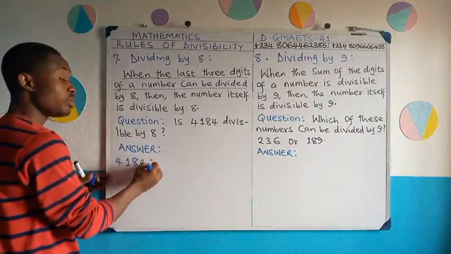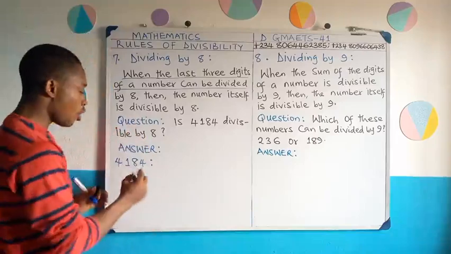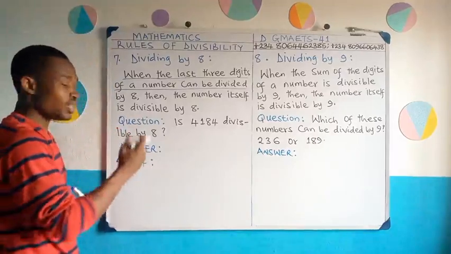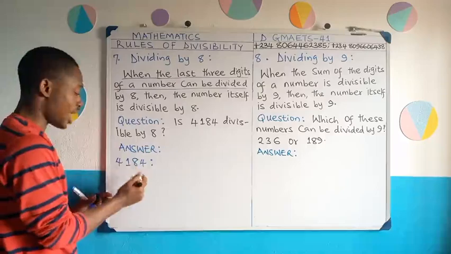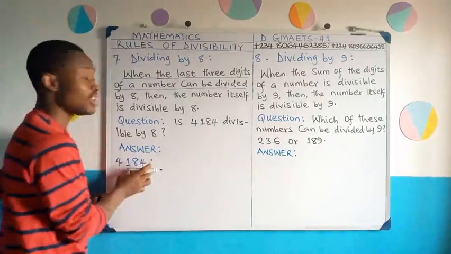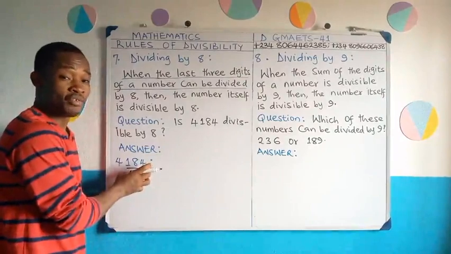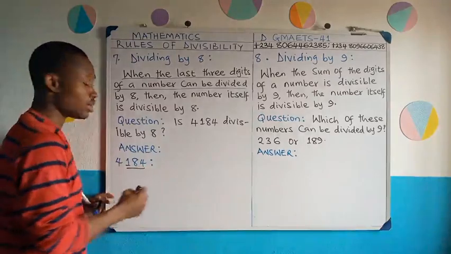4,184. Is it divisible by 8? So how would I know whether 8 can divide this or not? I will pick the last 3 digits. The last 3 digits are 1, 8, and 4. That is 184. That's the last 3 digits. So let us check if 8 can divide 184. If we work it out and 8 divides 184, it means that 8 can divide 4,184.